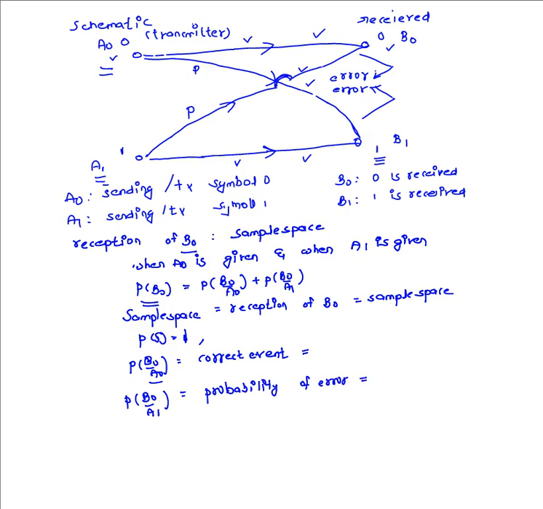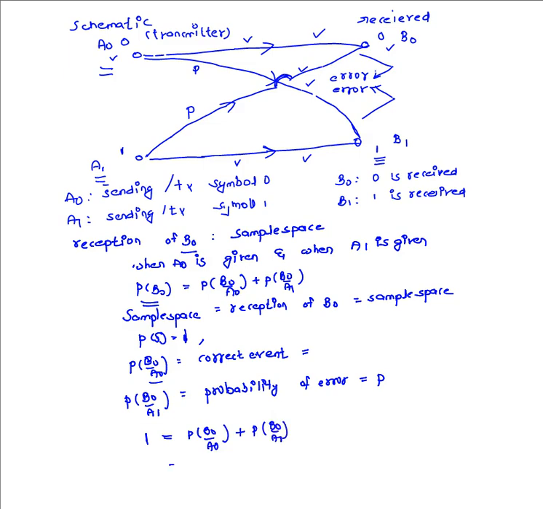For the binary symmetric channel, it is simply P. So now if the event B0 has already happened, we can simply take its probability as 1 because it has already happened. Now this 1 is equal to P of B0 when A0 happened, plus B0 when A1 happened.